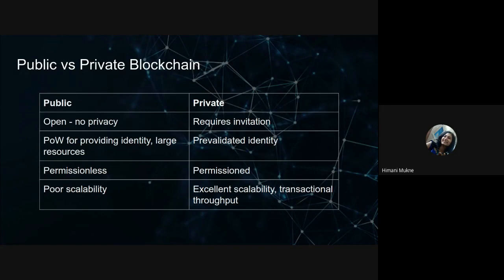And lastly, because it consumes huge resources, the public blockchain is not really scalable, but private blockchain does have a lot of scope for scalability, and its transactional throughput is a lot.